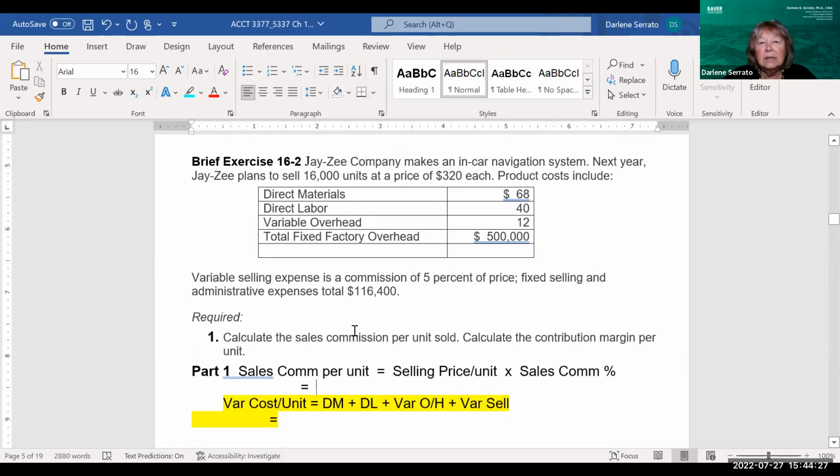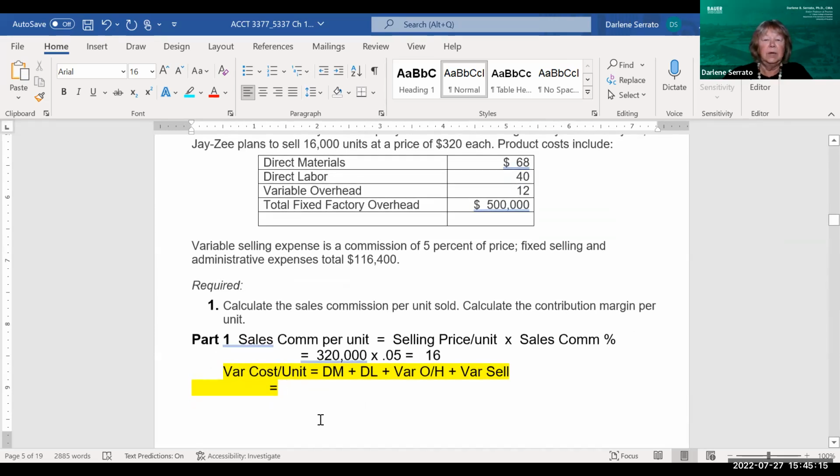Selling price, where's the selling price? $320 times the commission of 5%, so 0.05, equals 16. Oops, I forgot the equal sign. Okay.